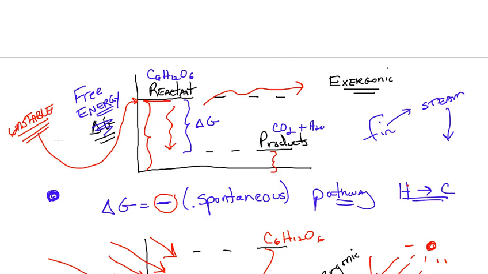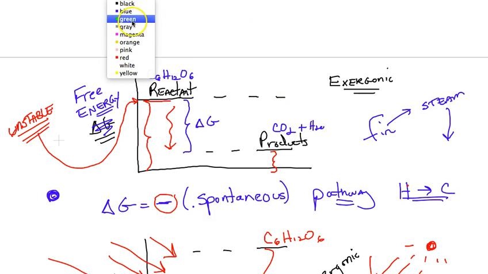Remember, as I keep telling you, the rate of reaction, how fast the reaction goes, has nothing to do with what? How spontaneous a reaction is. So if we think about this reactant, the glucose, it has tremendous energy and we want to make products.